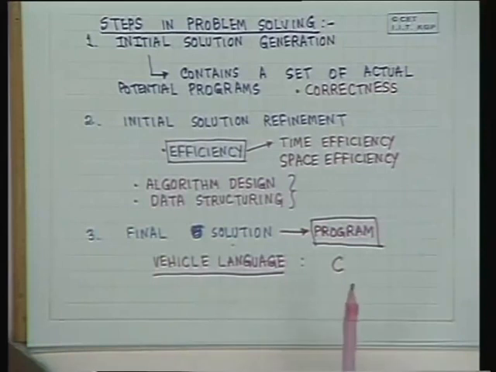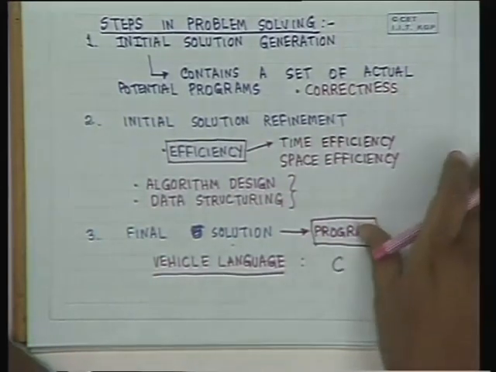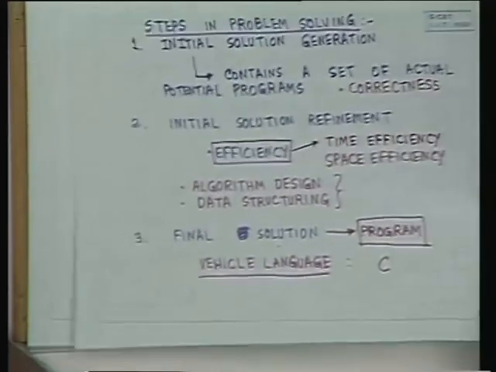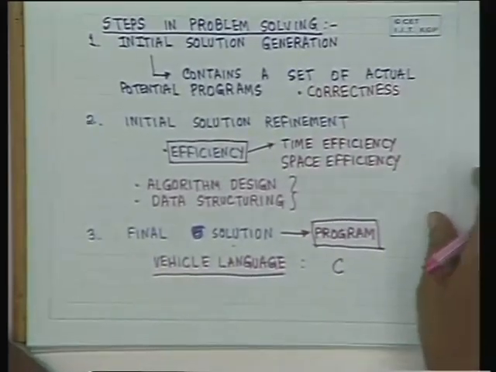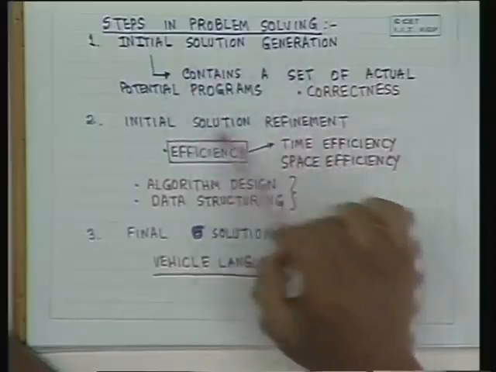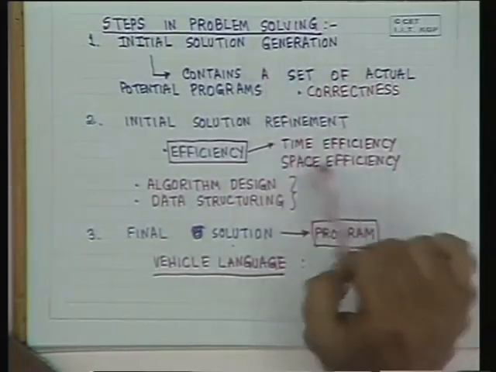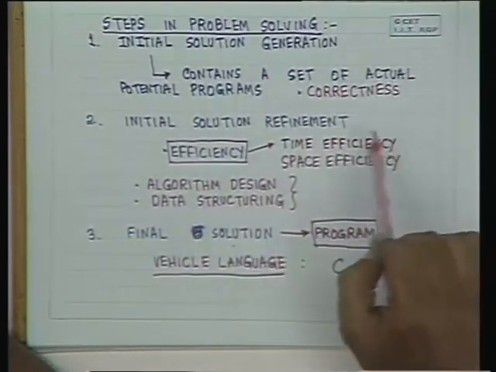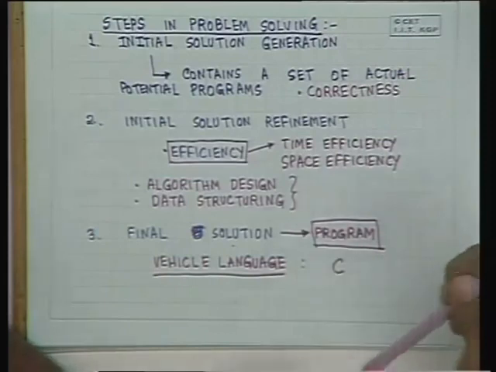Therefore, our study of C will also be a study of problem solving in some sense. Therefore, the objective is to understand what problem solving is. The language C will be a vehicle by which we will understand it, and the issues which we will require to understand are what is problem decomposition and what is meant by initial solution refinement. That is what this course will be about, and that is what we shall study from the next class onwards.